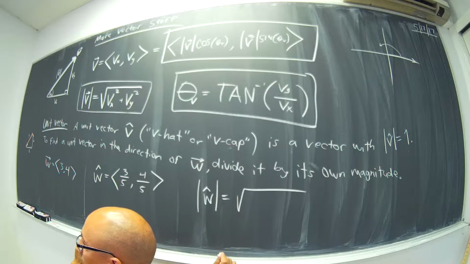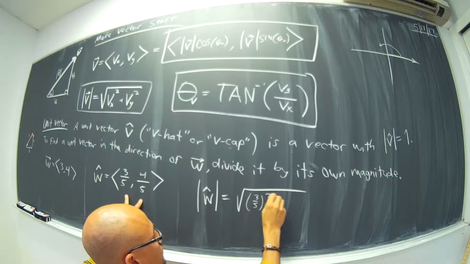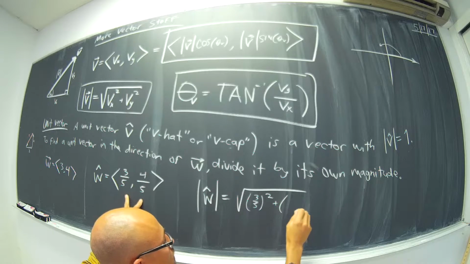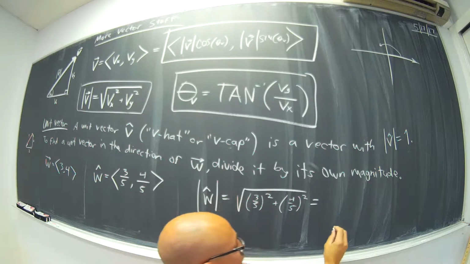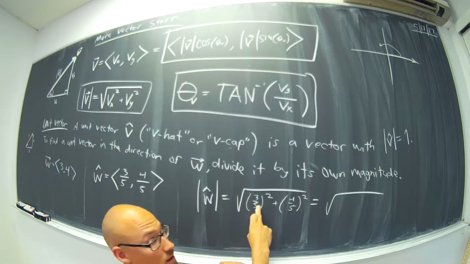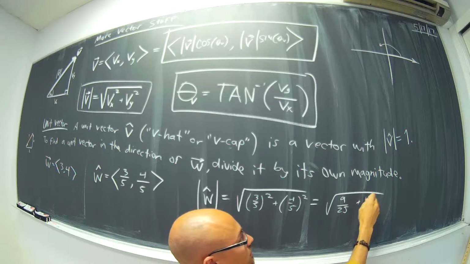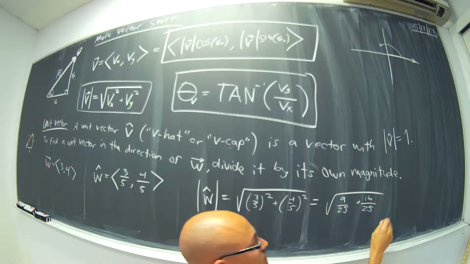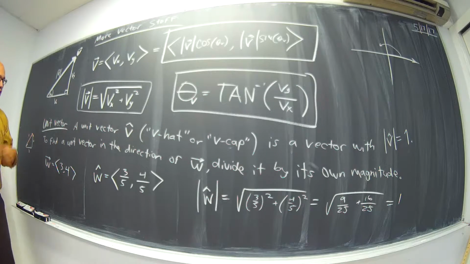So the square root of 3/5 squared plus 4/5 squared. Now you can type all that in, or you can use your brain and say this is 9/25 plus 16/25, which is 25/25, which is 1. Square root of 1. So to create a unit vector, just take whatever vector it is and divide by the magnitude.